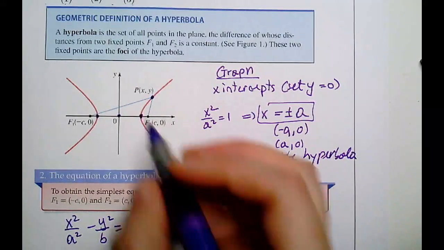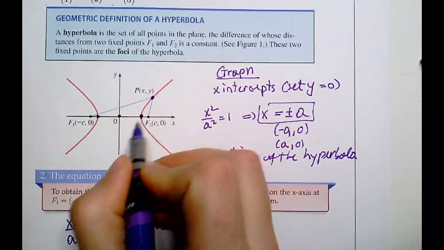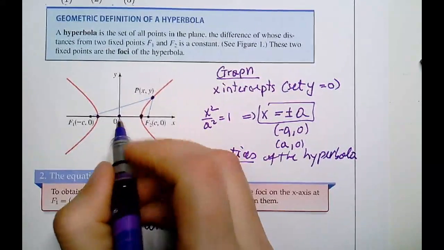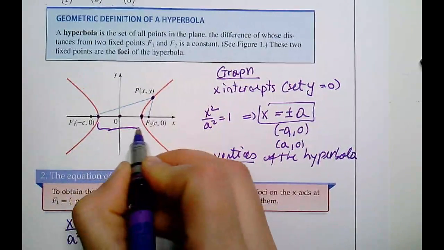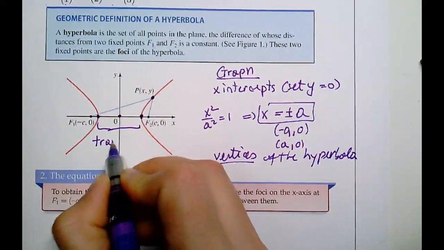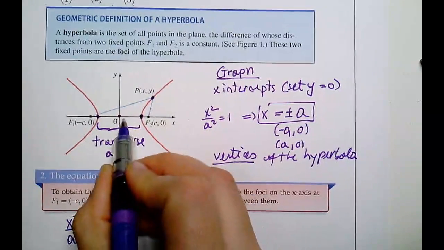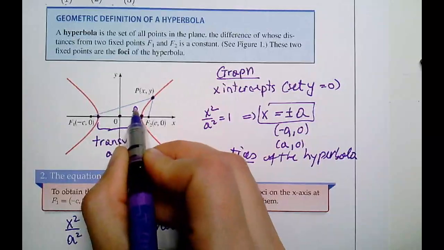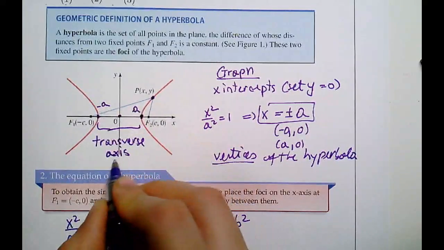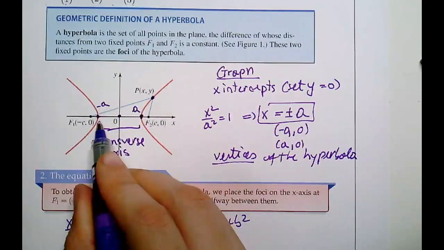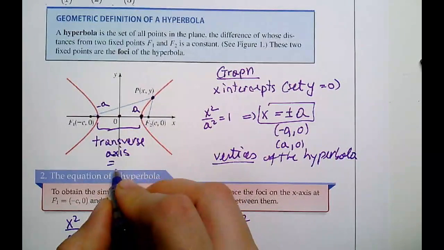And then the distance between the vertices is called the transverse axis. You notice that from here to here, this is a and this is negative a. The transverse axis is going to be 2 times the value of a. So 2a.